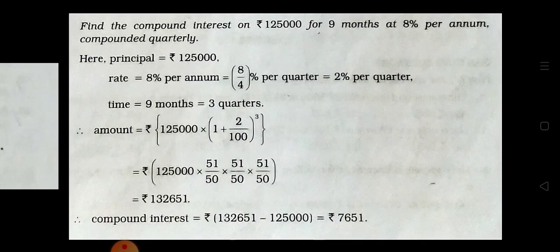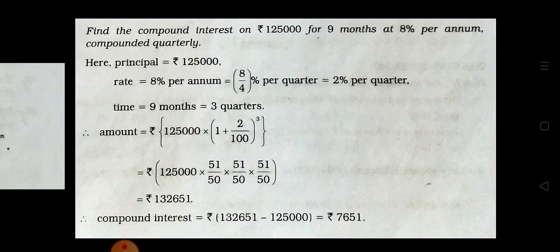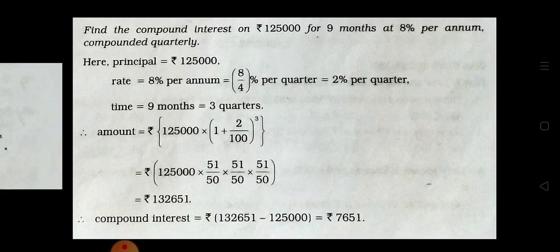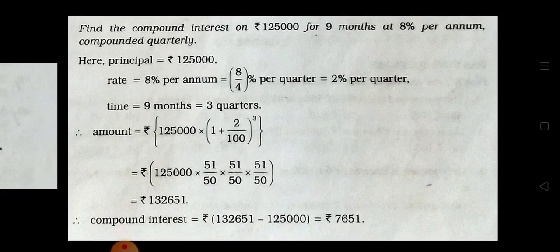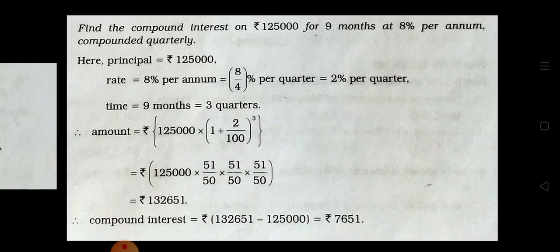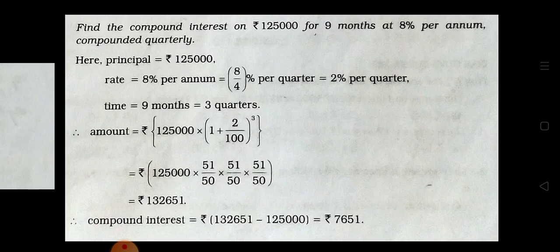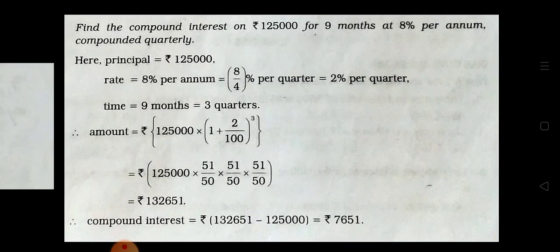The rate of interest, as I told you, you have to multiply by 1 by 4. So 8% divided by 4 becomes 2% per quarter, and the principal is 1,25,000. We have to put all these values in the amount formula. So the amount will be equal to 1,25,000 multiplied by (1 plus 2 by 100) whole cube.